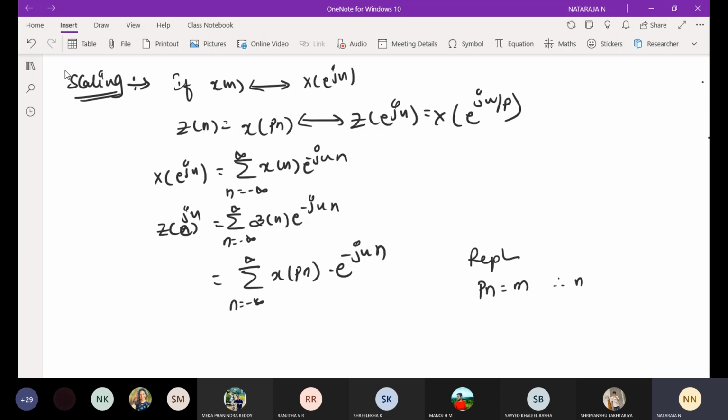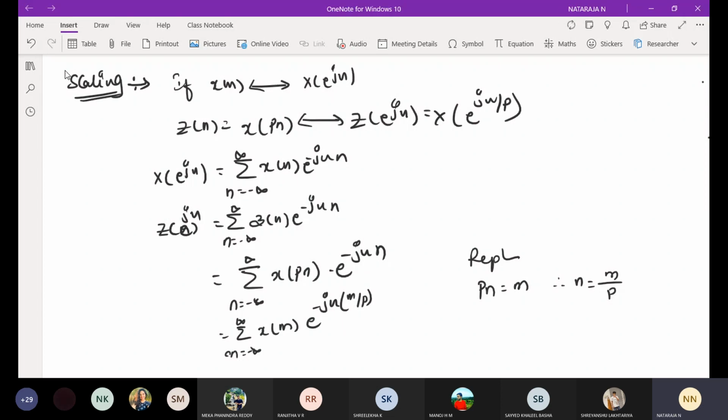Therefore n will be m by p. So the summation is over m, because x of pn is replaced by x of m, and e power minus j omega n becomes e power minus j omega m by p.